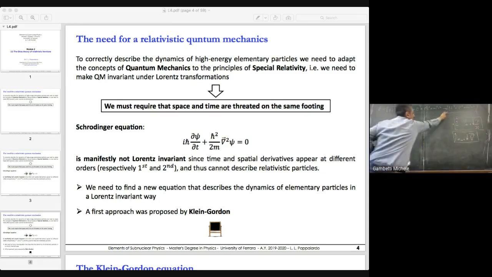So from here, we can transform it as 1 over c squared, E squared operator over the Lorentz invariant wave function, equal to p squared operator over the Lorentz invariant function, plus m squared c squared, and again the Lorentz invariant wave function.